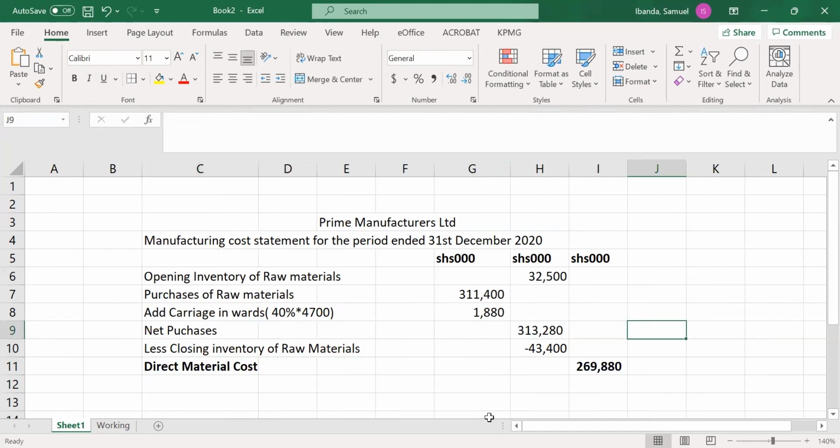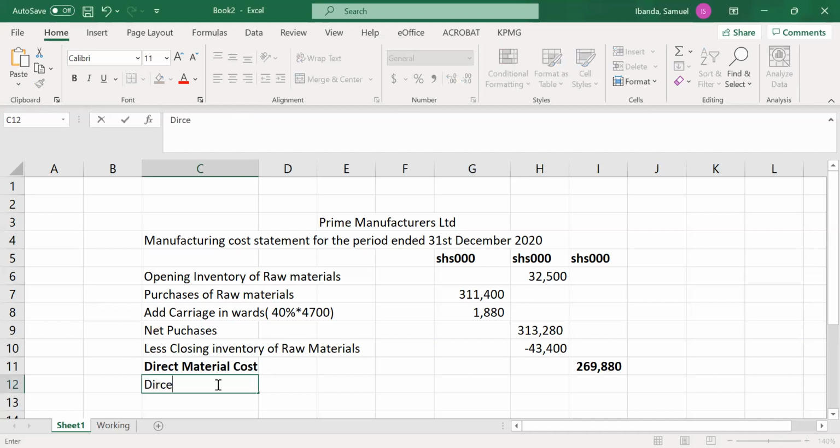So after I've gotten my direct material costs, like I told you, we have two direct costs. They could be three, but in most cases, we usually have material cost and then labor costs. So after material cost, I'm now going to look at the labor cost. So the next thing I'm going to say, direct labor cost.